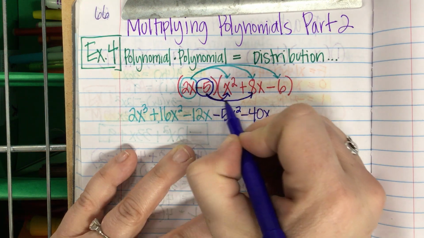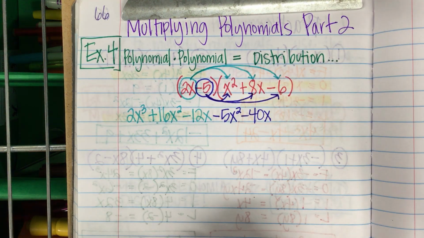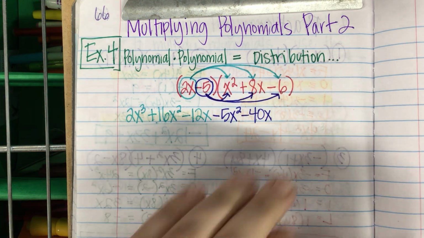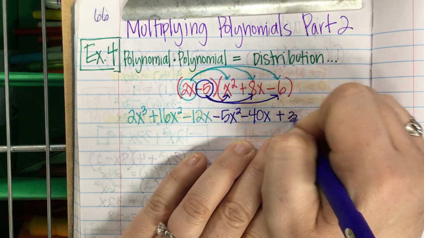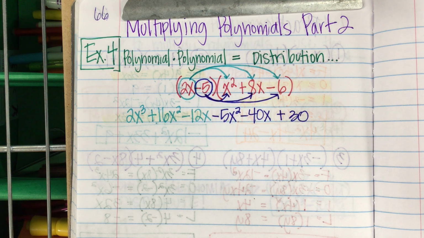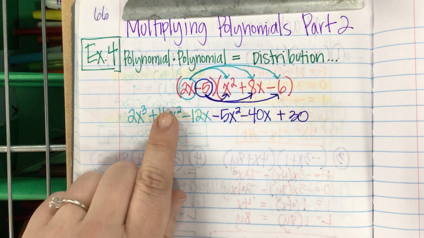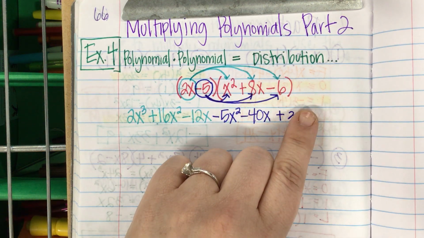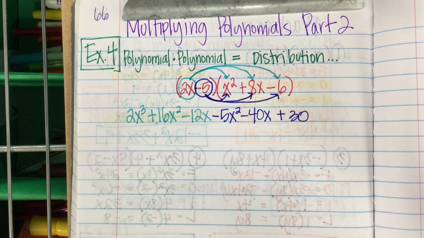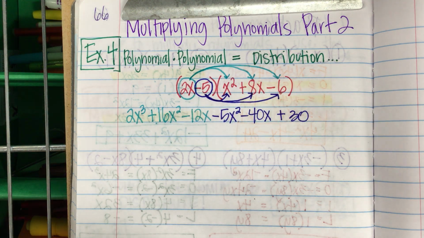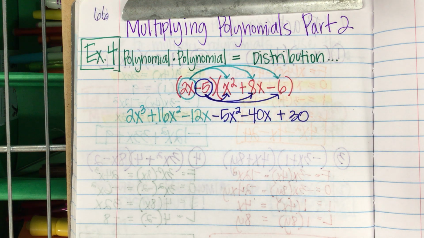And then I take the negative 5 and I distribute it to the negative 6, and I get plus positive 30. But my answer is not a 1, 2, 3, 4, 5, 6-term polynomial. Because after you distribute, you have to go back in and simplify, combine like terms.